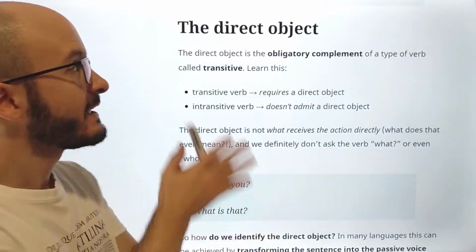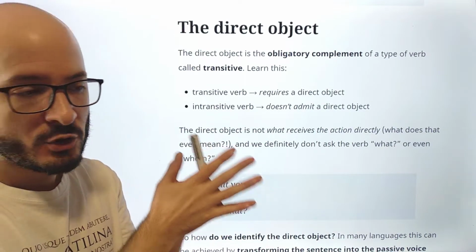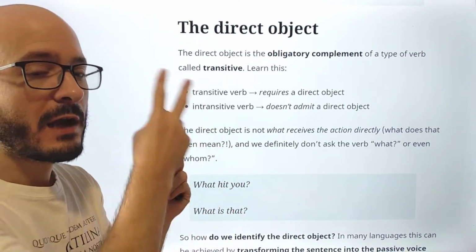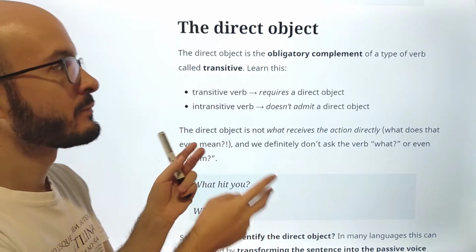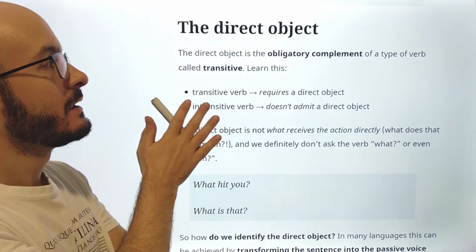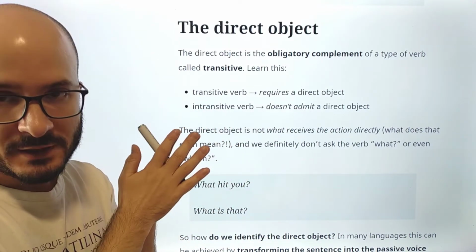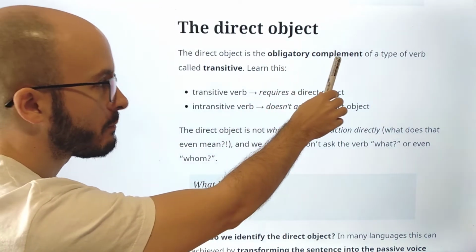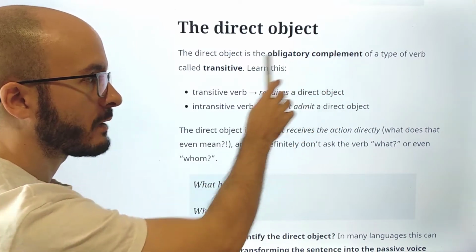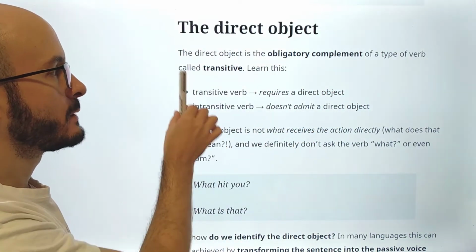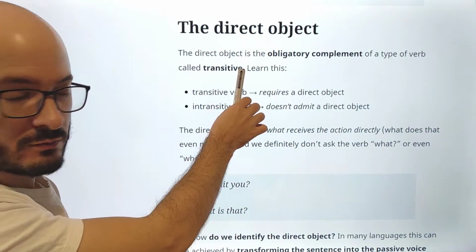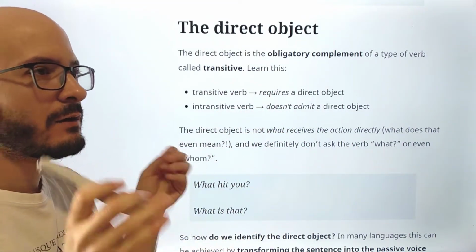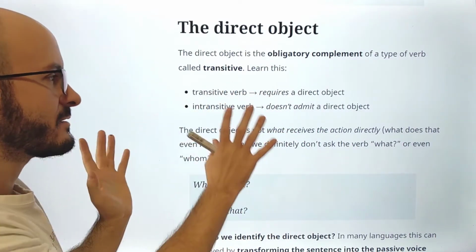Then we have the direct object. You have heard me already talk about two types of objects, the direct and indirect. So first, let's start with the direct object. The direct object is the obligatory complement of a type of verb called transitive. Learn this. Now, you don't really have to say, oh my God, what is transitive? Just this, okay?